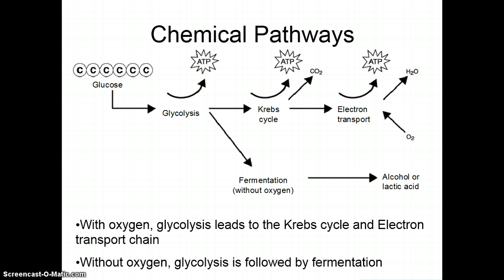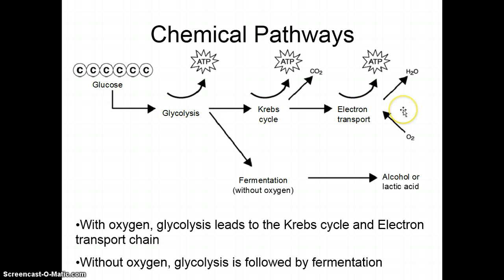So, as we talked about in the respiration overview, glucose, that if you're a plant, you made during photosynthesis, if you're a human, you obtained by eating food. This glucose is broken down through three processes: glycolysis, Krebs cycle, and electron transport chain.